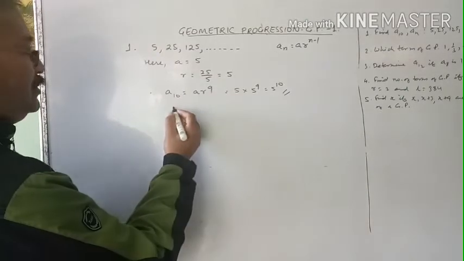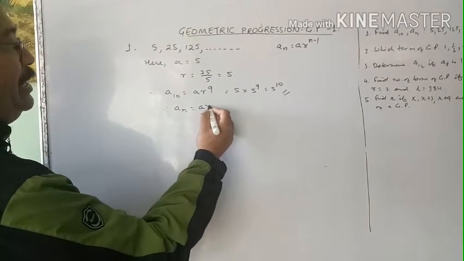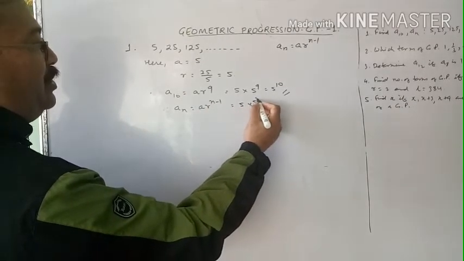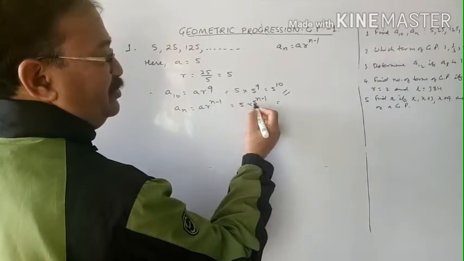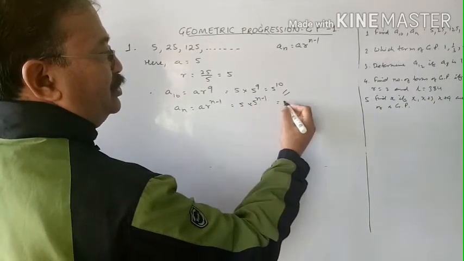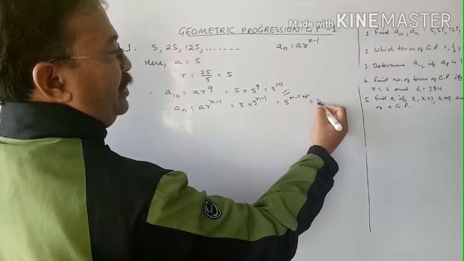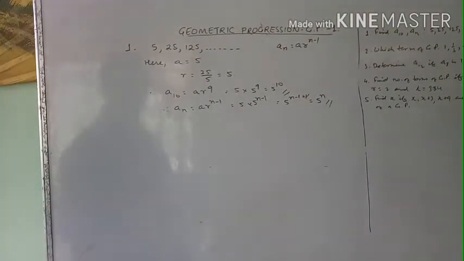Similarly, find An. The nth term, An, is equal to A r to the power n minus 1. That is 5 into 5 to the power n minus 1. When you multiply with the same base, exponents are added. So you get 5 to the power n minus 1 plus 1. The 1 will cancel, so 5 to the power n. So that is the nth term.